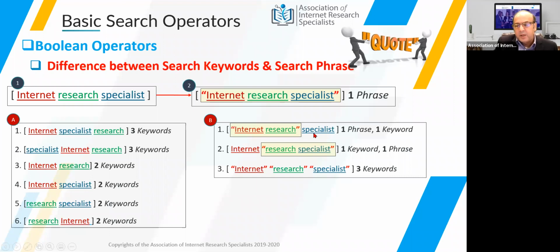So if I feel that the word specialist may not be making sense or may not be appearing in my search results when I put it inside of the quotation alongside internet research, I would intentionally put it outside so as to get at least some results, and not have the search engine ignore it totally because it doesn't exist as a search term.